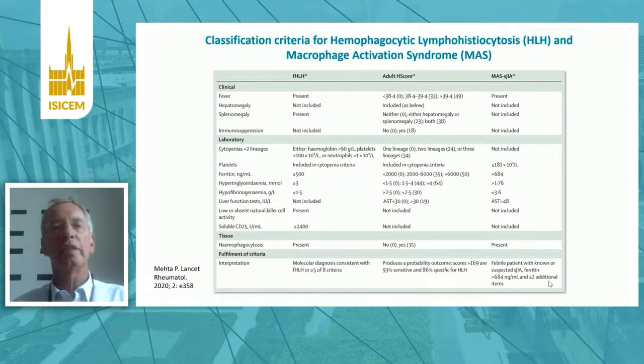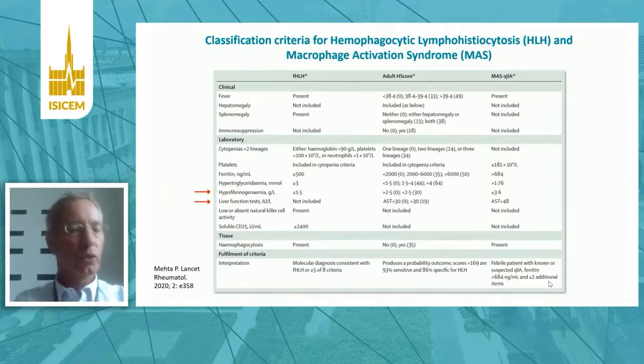And these are not strictly the same in the primary syndrome and in secondary syndromes such as MAS. So you see on the left-hand side the primary criteria, and then on the two right panels, scores that have been used to diagnose the secondary form.